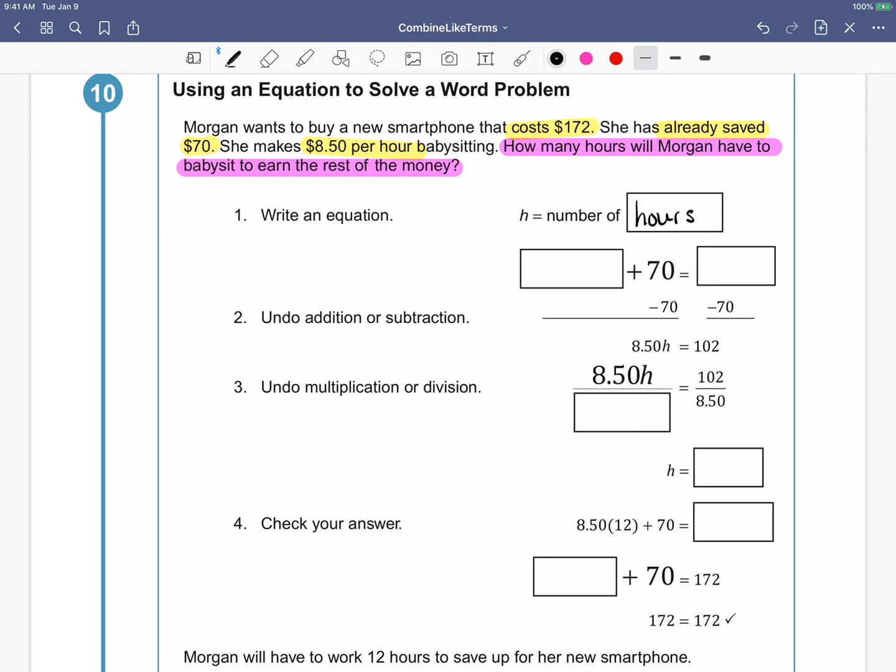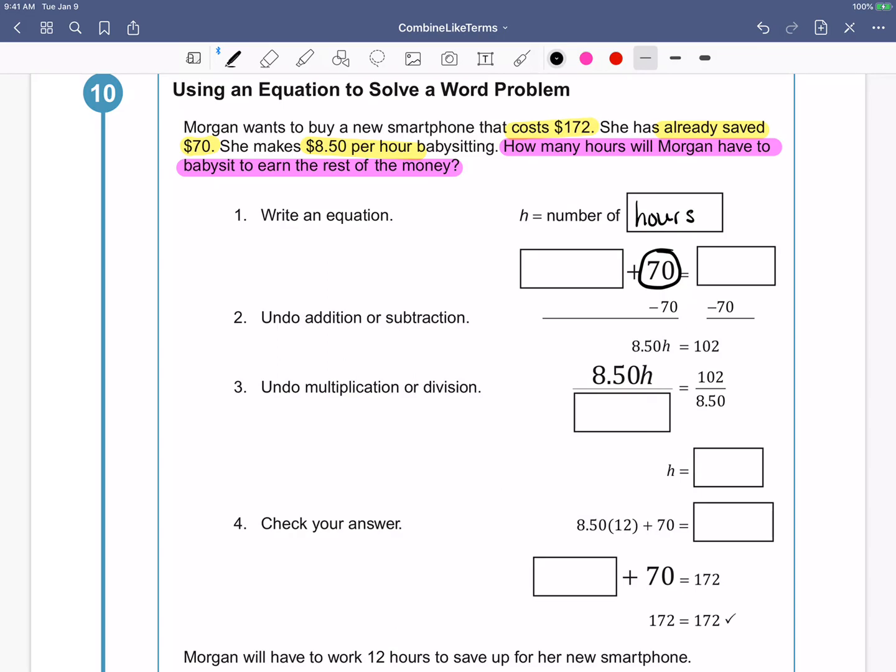Now, I want to point out this 70 is here because she already saved it, right? You'll see ones that say so-and-so already saved this, or they had a birthday and grandma gave them $100, something like that. That's this case. I already have $70.